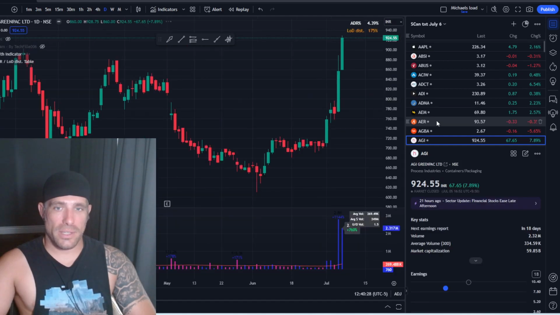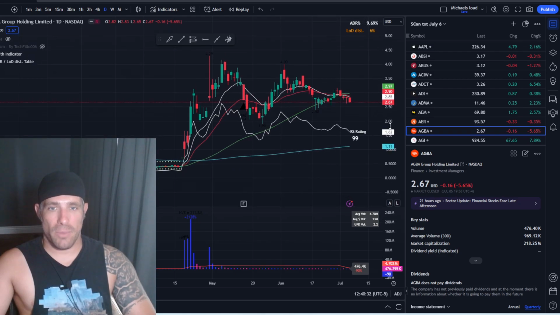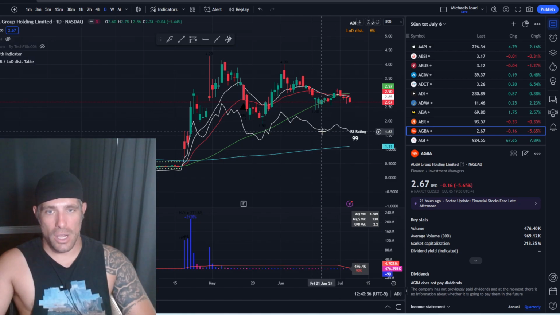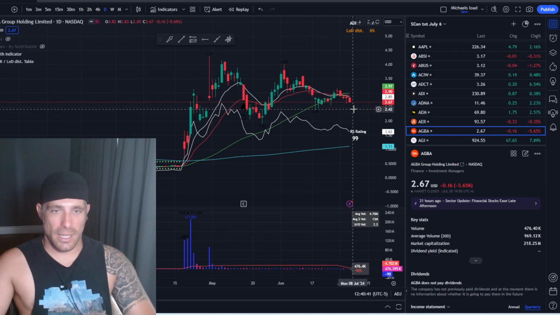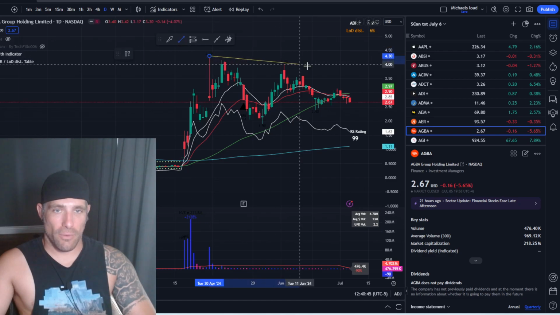So I just flip through these until I see something like this right here, AGBA. If you've been watching any of this for any amount of time, you'll know AGBA is strong. It doesn't look like it's holding these moving averages nearly as well as I'd like to see, but I do see a beautiful trend here, and I can point this out for you.